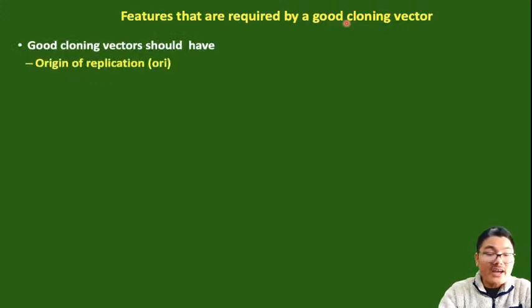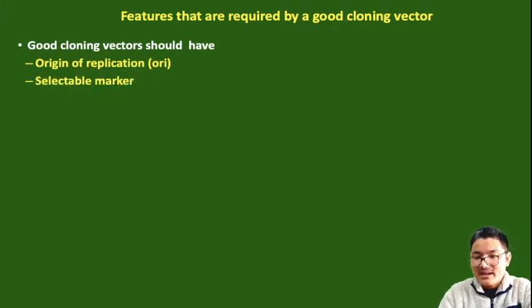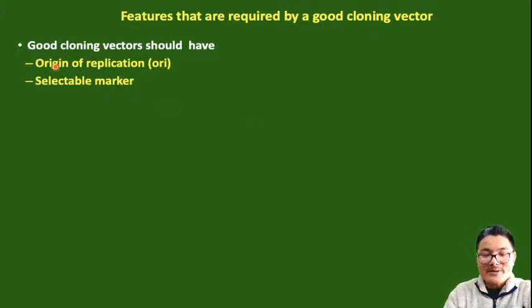If we look at some of the features required by a good cloning vector, good cloning vectors usually have an origin of replication. They also have a selectable marker, and they have cloning sites or recognition sites or restriction sites.